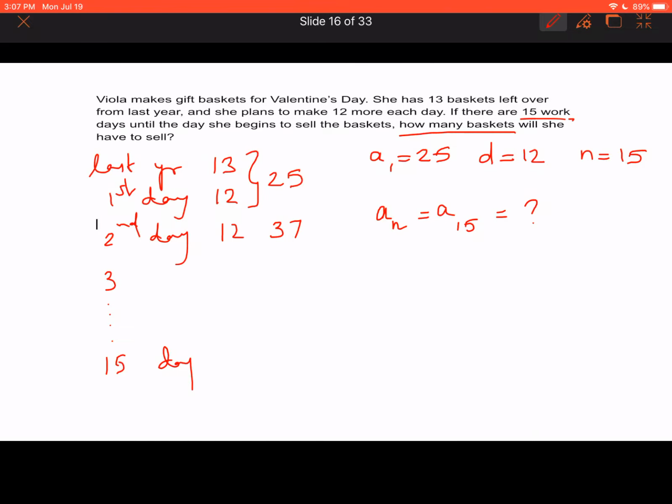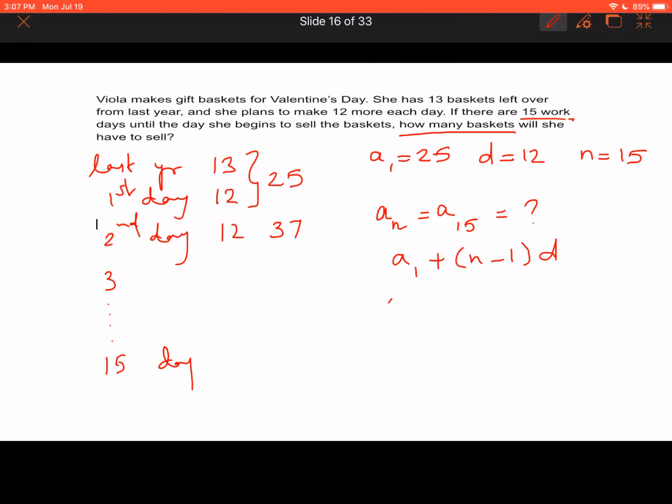Okay, we all know that AN is equal to A1 plus N minus 1 D. This formula we have used before, and here we have solved so many problems in finding out the value of AN, that is the value of the nth term. Here the value of the 15th term.